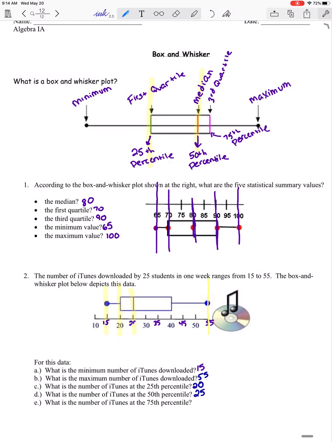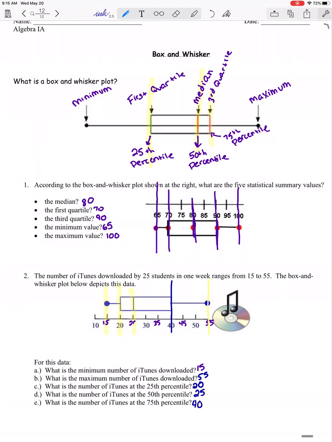So the 75th percentile would be at the 3rd quartile. So that would be right here, and that would be 40.